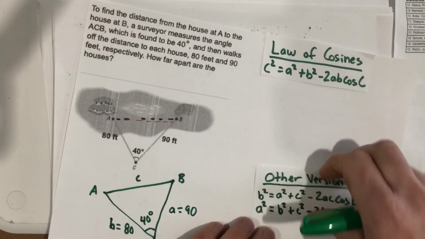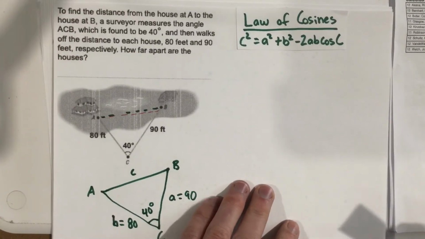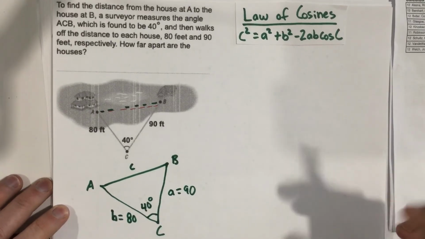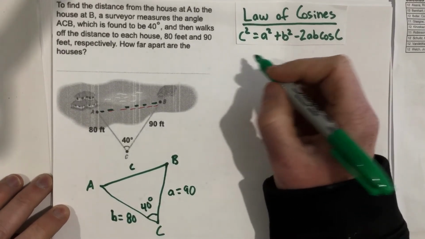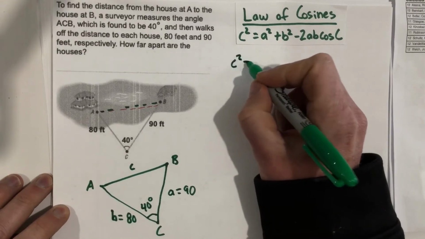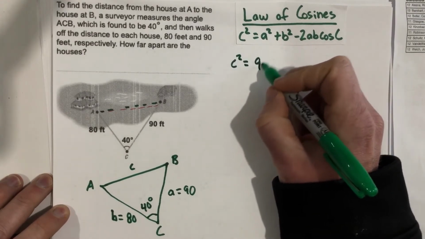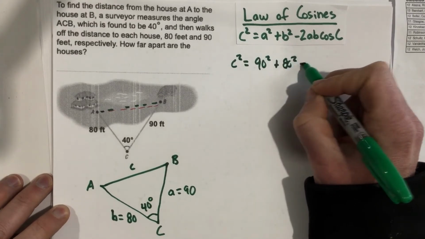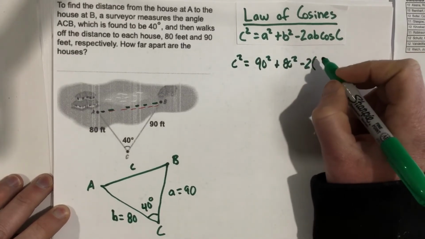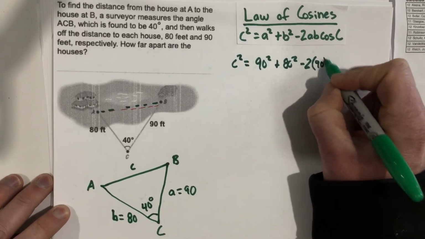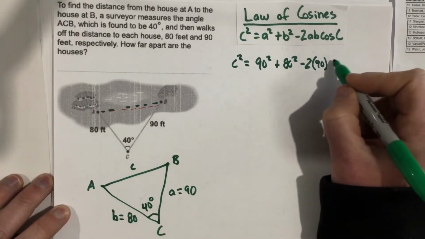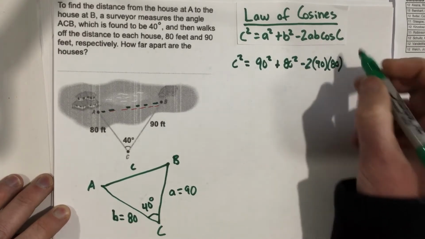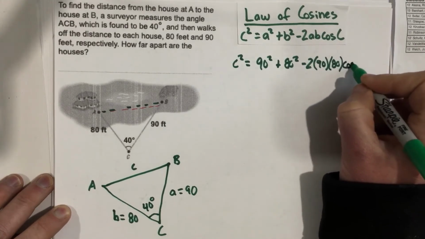We can just start with that equation and plug in the stuff that we know. So let's go ahead and say c squared equals 90 squared plus 80 squared minus 2 times a, which is 90, times b, which is 80, and then times cosine 40.